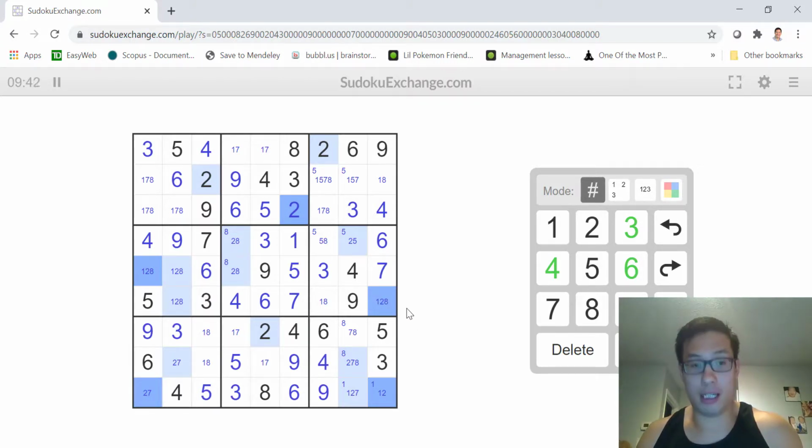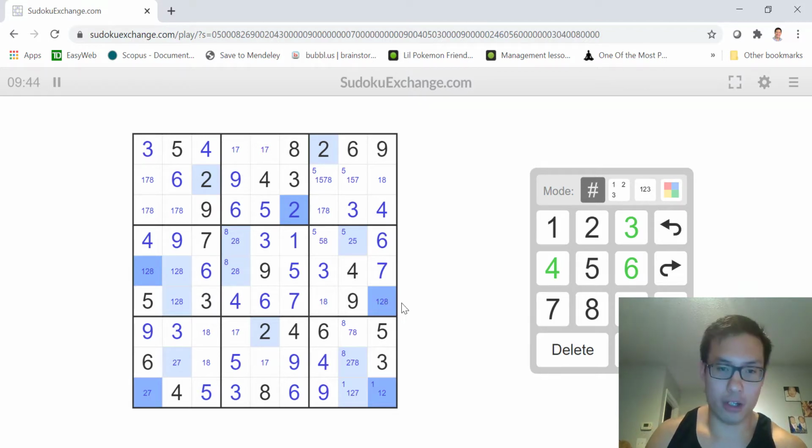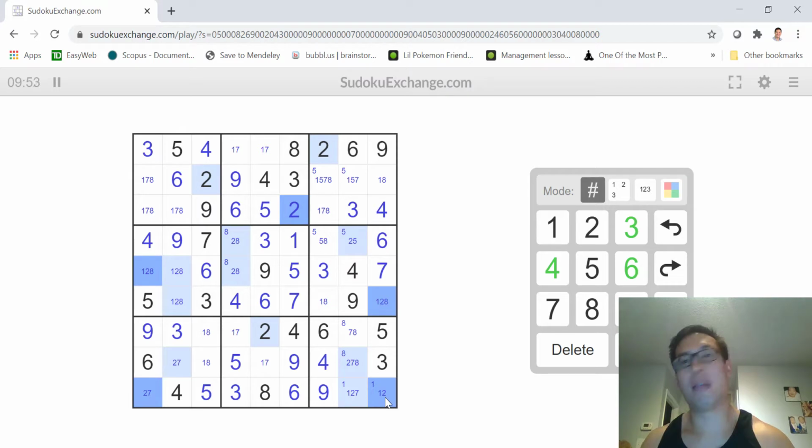The logic here dictates, if this is a 2, this cannot be a 2. That's one part of logic. At that point, these 2 don't interact at all. The other option is, if this is not a 2, this has to be a 2.